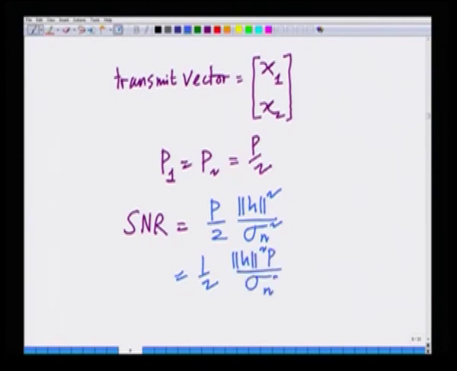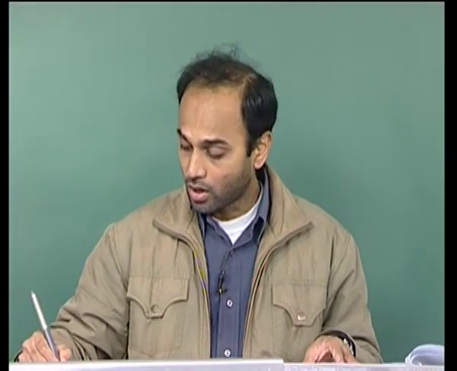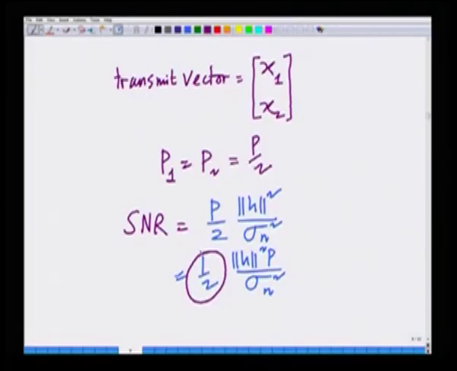which is nothing but half norm h square P over sigma n square. Hence, you can see that the Alamouti code achieves the diversity, that is second order diversity, without channel knowledge at the transmitter. However, you pay a price, that price is this factor of half, which results in a 3 dB loss in SNR.